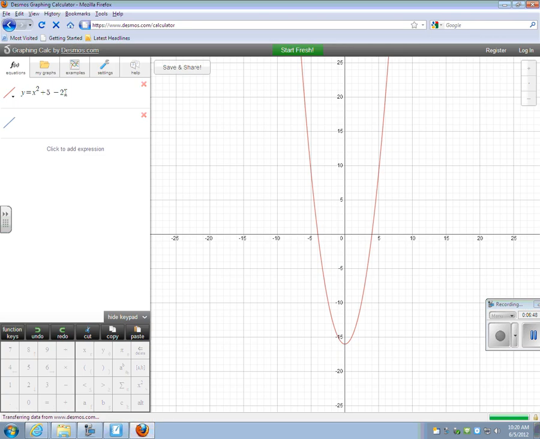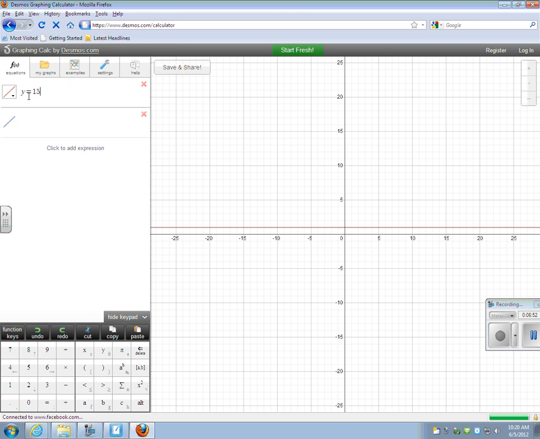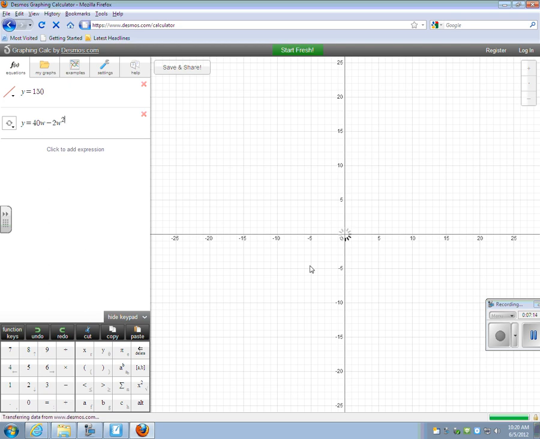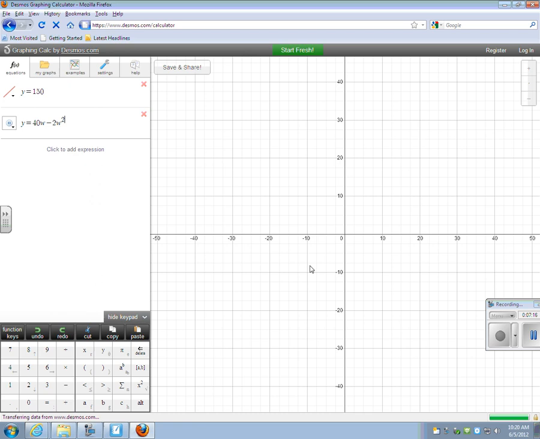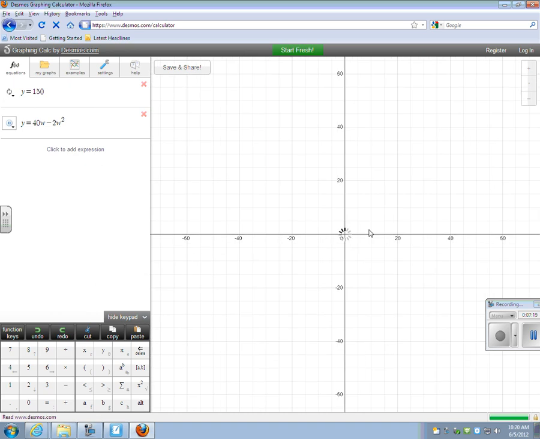Okay, so I said I could graph y equals 150, and I could graph y equals 40W minus 2W squared. I'm probably going to have to do some zooming out because I'm at 150. I'm going to move down a little bit.